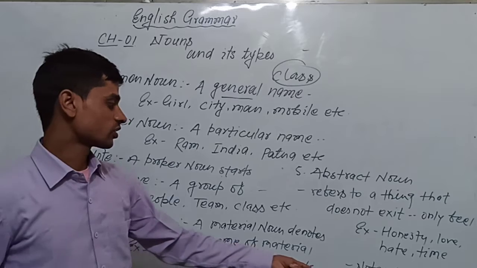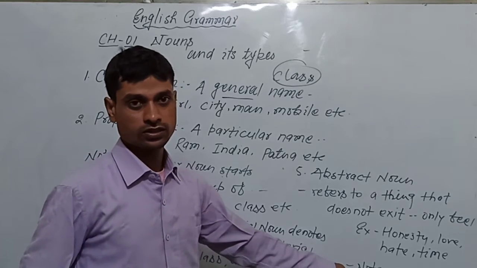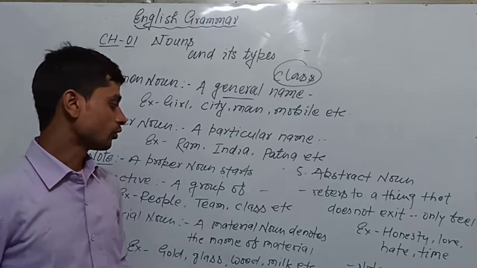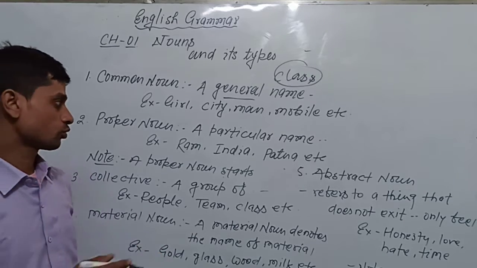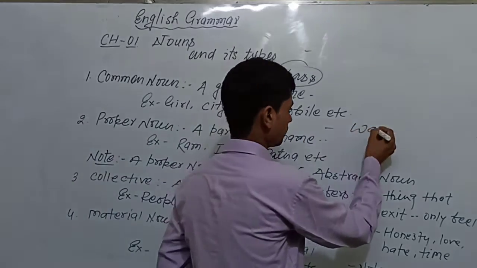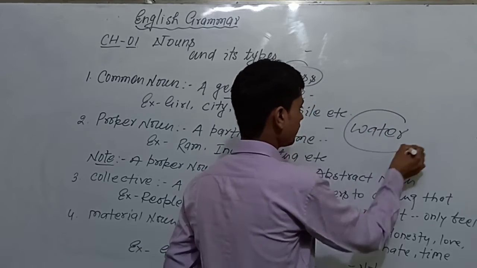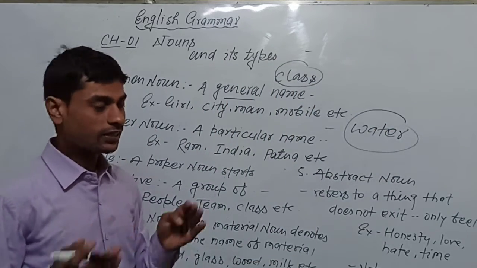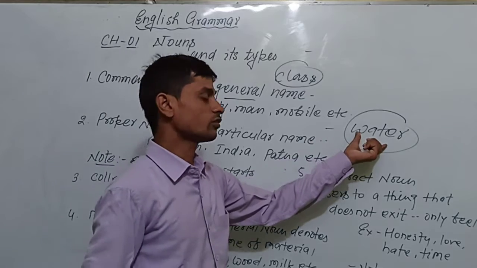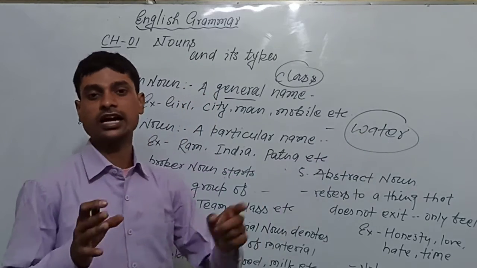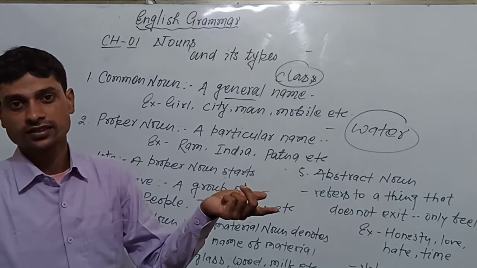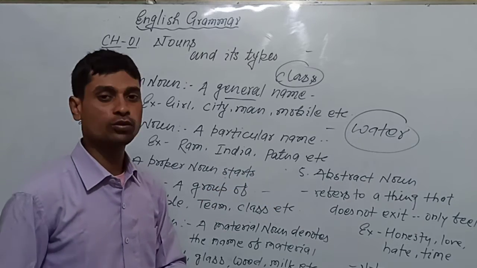Now students, some words are used in grammar as noun also and verb also, just like water. Water is a noun, but in English grammar water is used as noun and verb also. Suppose the gardener is watering the plants, कि माली क्या कर रहा है, पौधों में पानी दे रहा है.